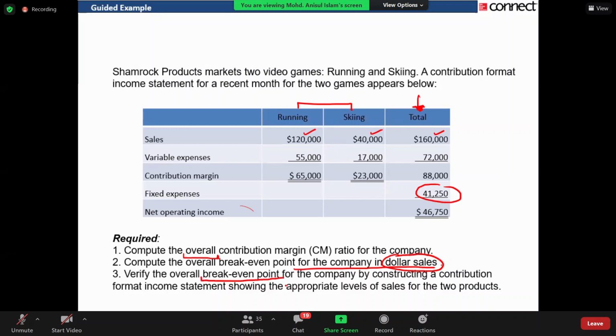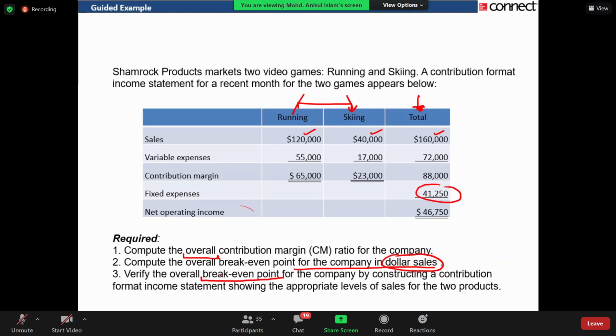In this problem, it is asked that we allocate the break-even dollar sales to these 2 products, running and skiing, and then check whether we have any net operating income. What do you think? If we have the break-even point sales, will we have any positive net operating income?